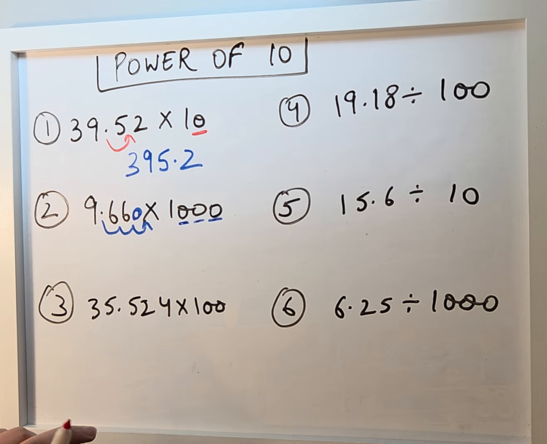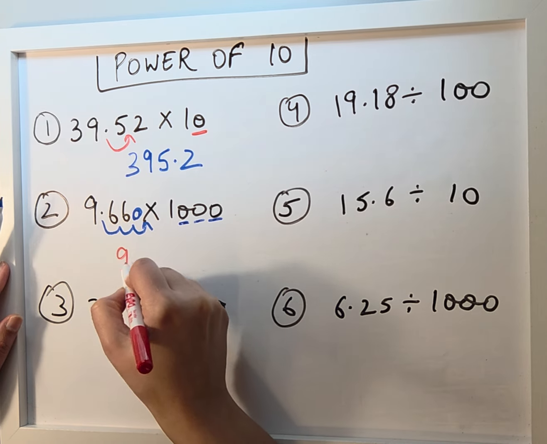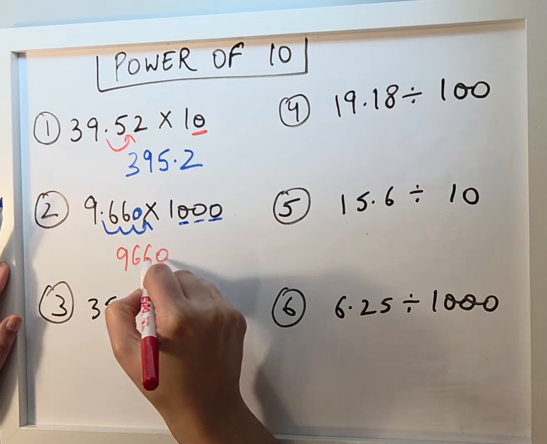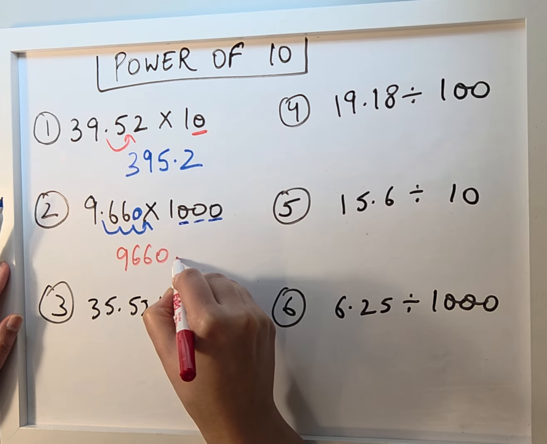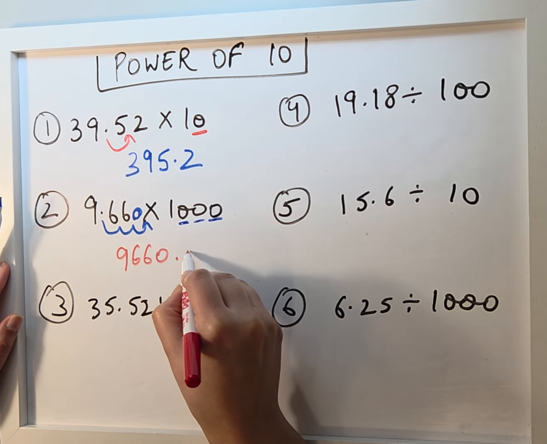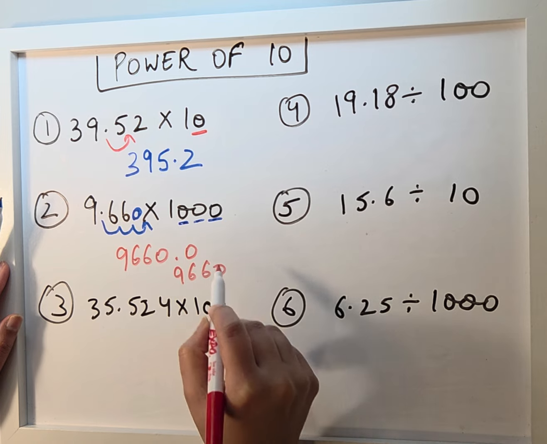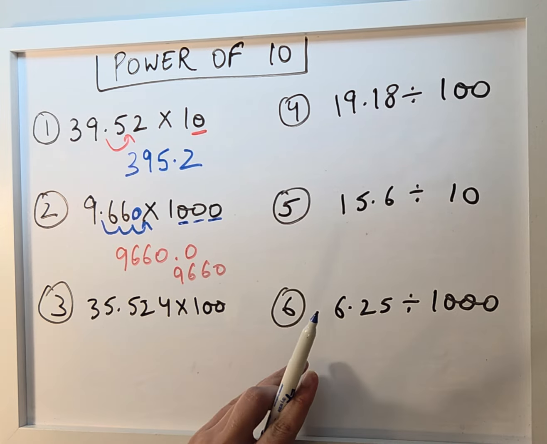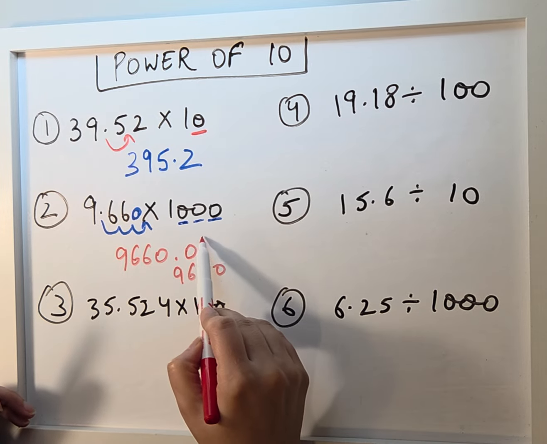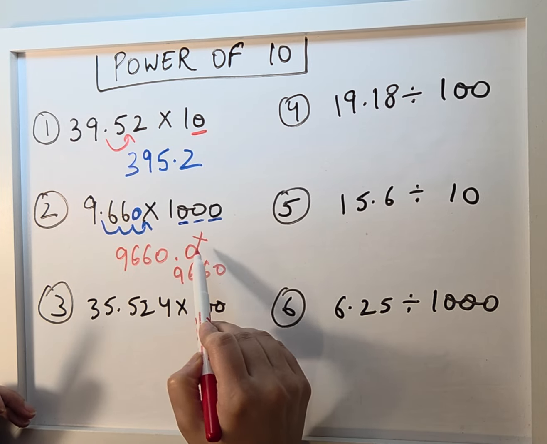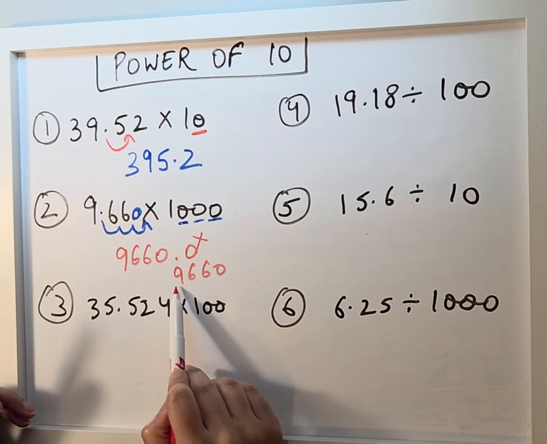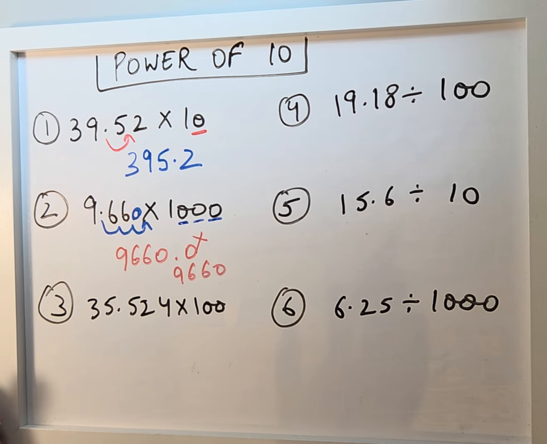So what will our final number become? 9660. Either you can write a decimal after that, or we can write 9660, because trailing zeros after the decimal do not add any value to the number. So we get 9660.